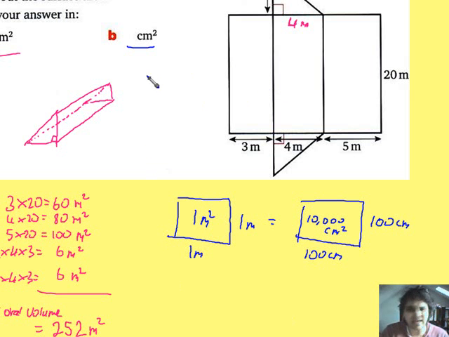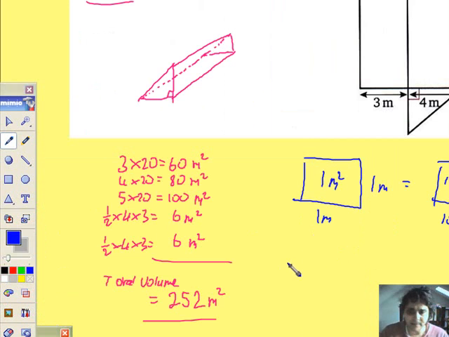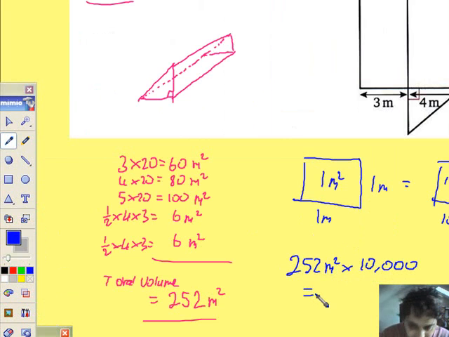So they want this in centimetres squared. I'm going to take my 252 metres squared and multiply it by 10,000, and I get 252 followed by 4 zeros.